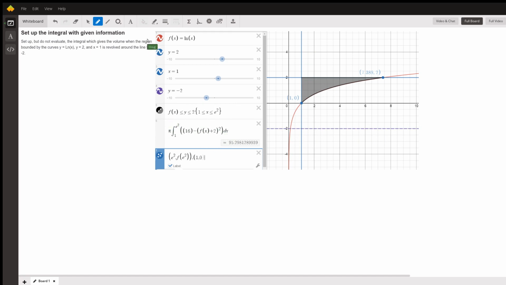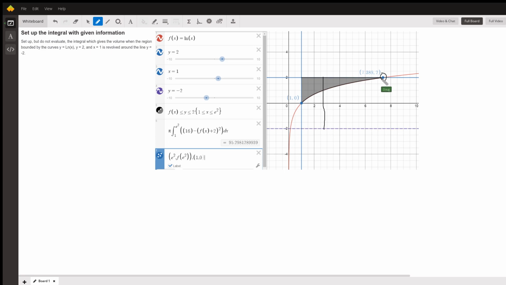The question is, where did that come from? We're going to use the idea that we can use the washer method. So if y equals -2 is the axis of revolution, we want pi times the integral from 1 to e squared. Now, how did I get e squared?